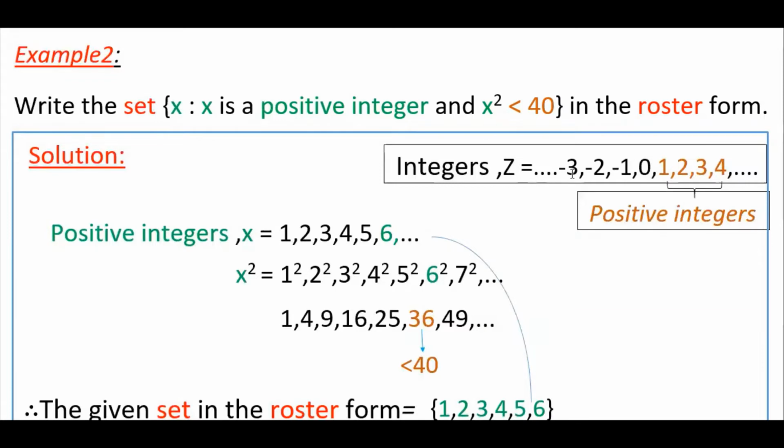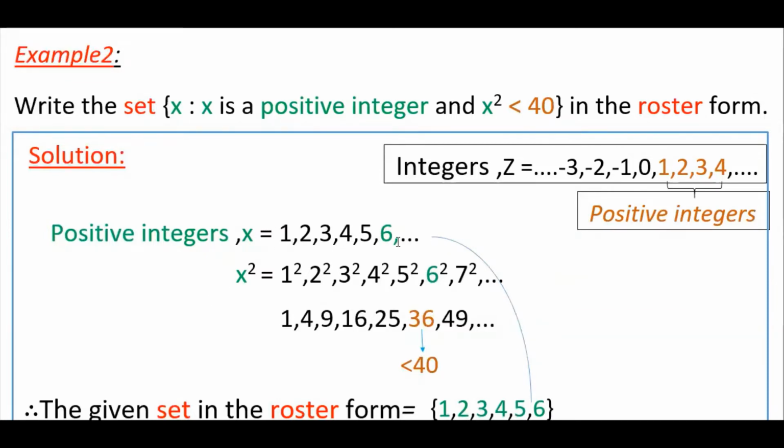Integers are negative numbers, positive numbers including 0. Out of these integers you have to take positive integers. And if you square that integer, those elements should be less than 40. So you can take positive integers, for example, x is 1, 2, 3, 4, 5, 6, etc. These are the positive integers.